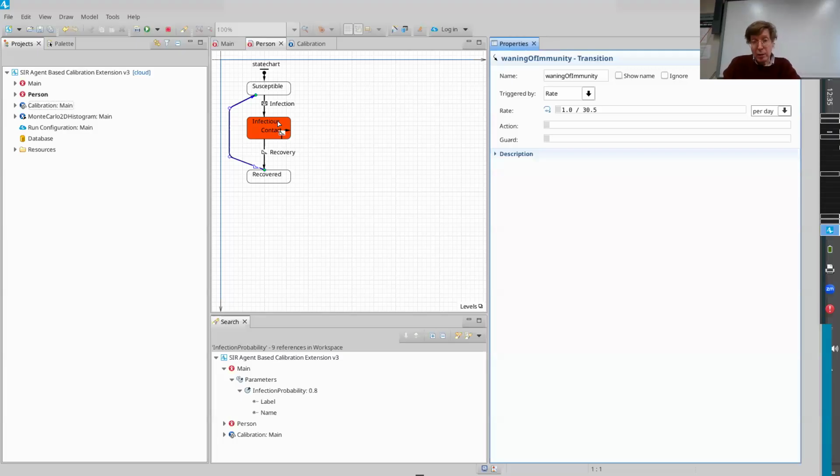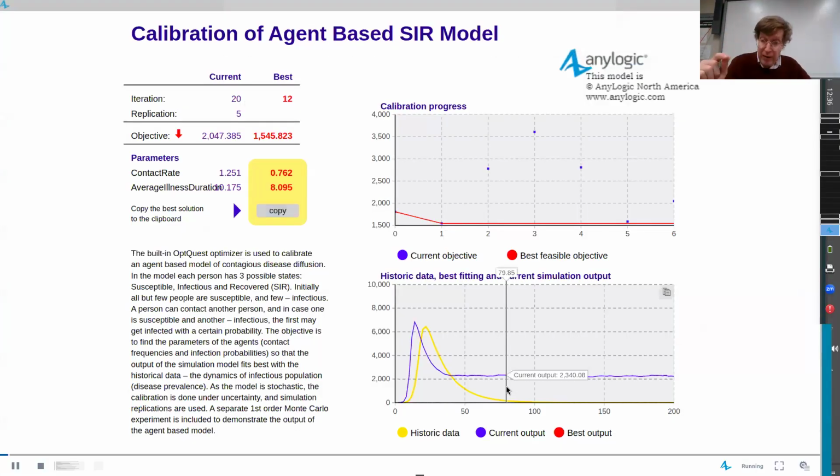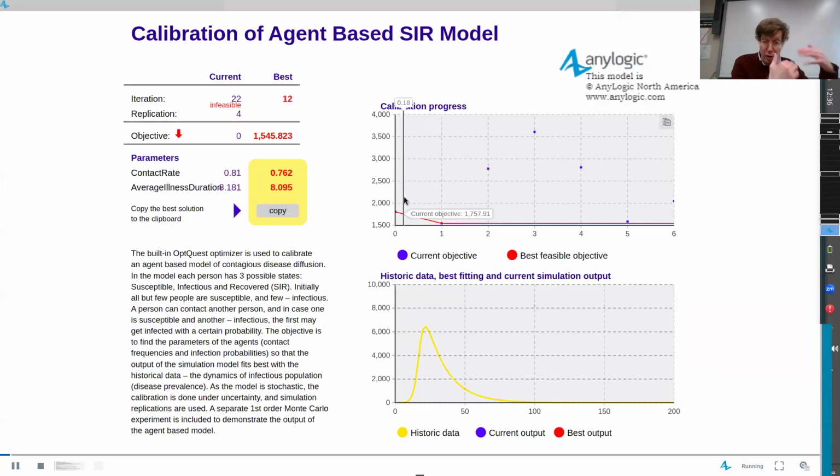And an inability to match empirical data like this is best viewed not as a failure of calibration, but a success of learning, by learning that a certain model structure just may not add up in a way that's consistent with what we observe from the world.